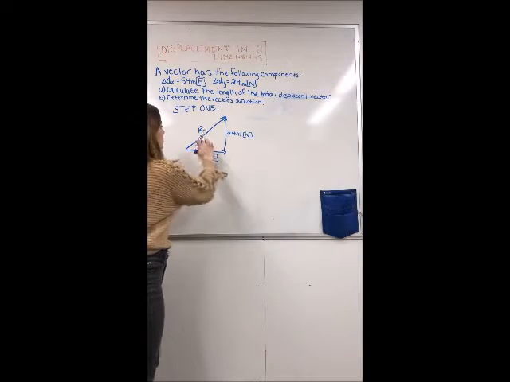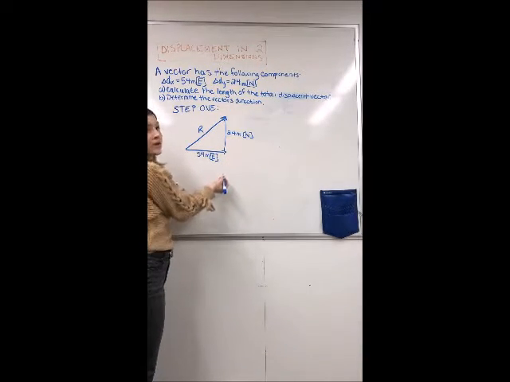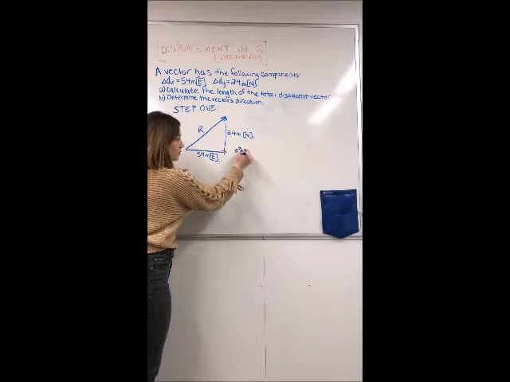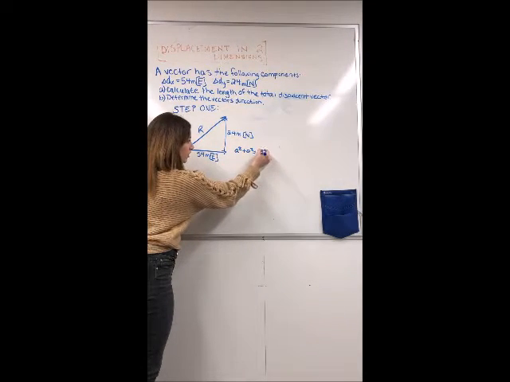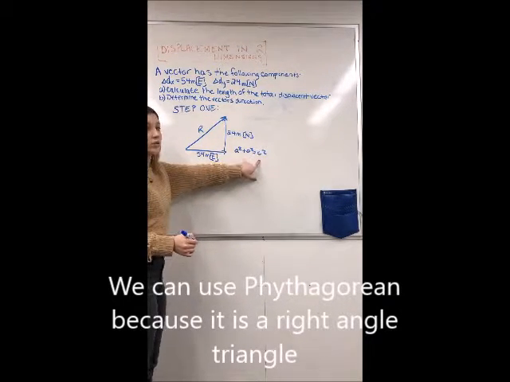Your first step is going to be defining the length of R. By that we know we can use the Pythagorean theorem: A squared plus B squared equals C squared. In this case, C squared is R squared because it is the hypotenuse.